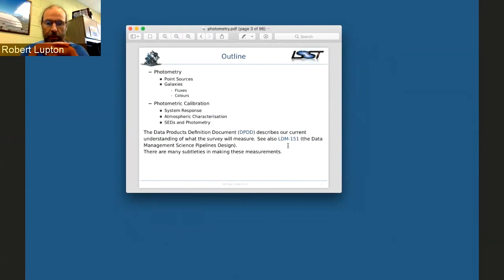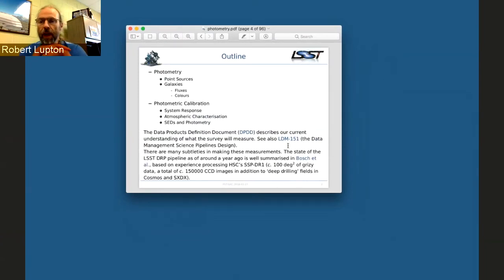Now, there are many subtleties in making these measurements because the data we're dealing with is, or will be, subtle. The actual state of the LSST DRP, the data release processing, which is what I'm talking about today (not the transient photometry), is well summarized in this paper by Jim Kuhn.